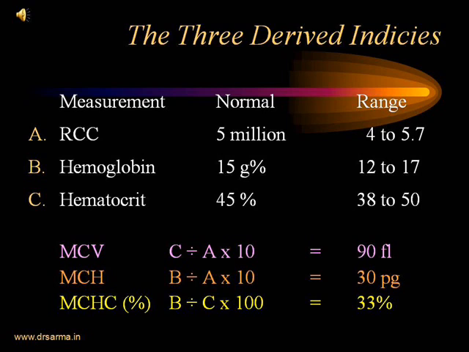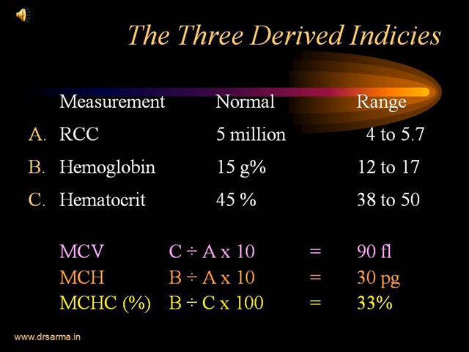The next derived index is mean corpuscular hemoglobin or mean cell hemoglobin. This is obtained by taking the total hemoglobin divided by the number of red cells. Hemoglobin is 15 grams, number of red cells 5, 15 divided by 5 is equal to 3, 3 multiplied by 10 is equal to 30, expressed in units as picograms.